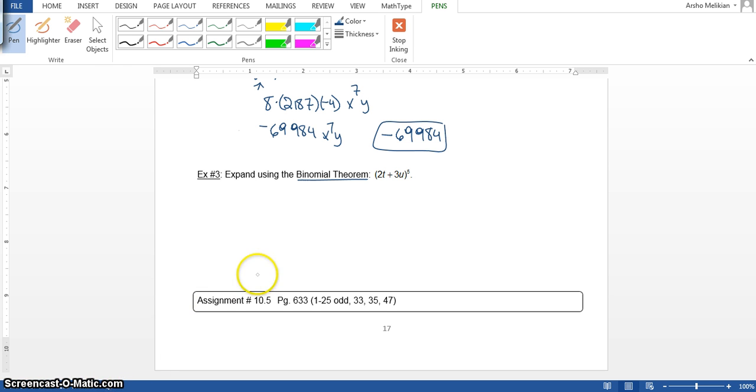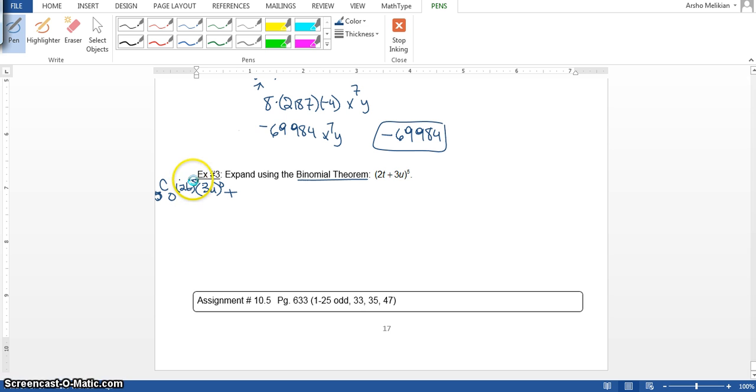The first situation is c, that's the first coefficient, 5, 0. So this is a 5, 0. And the first term, 2t, is raised to the power of 5, 3u to the power of 0, plus.